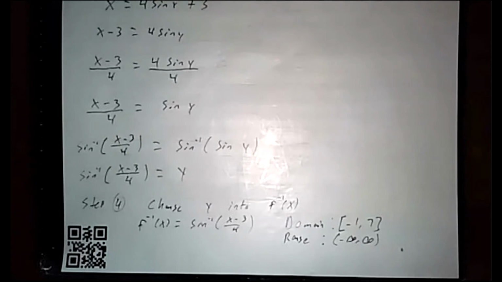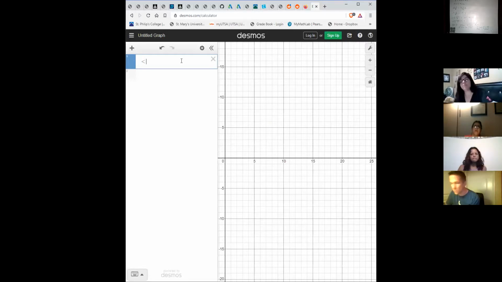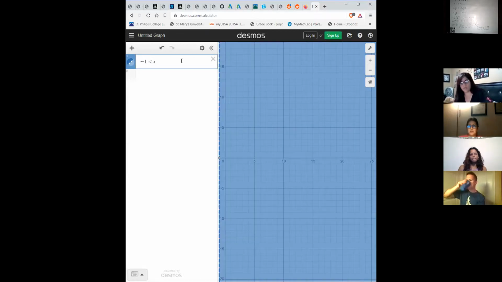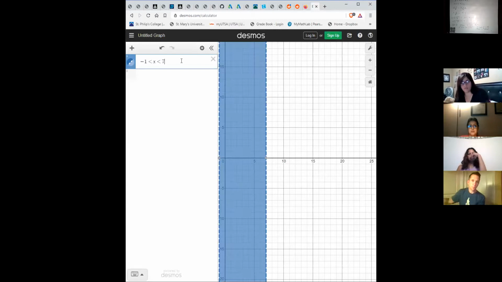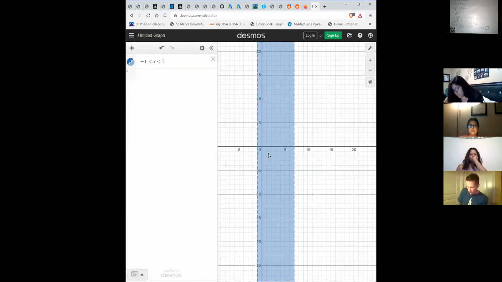Can you explain the brackets differentiation? Yeah, here, let me give you a picture. I think I can make one in here. So let's see, -1 to 7, if I can do that two-dimensionally.